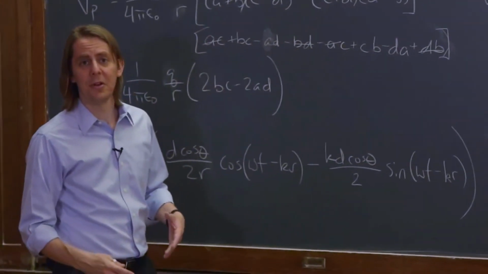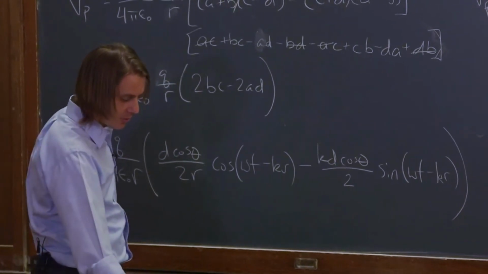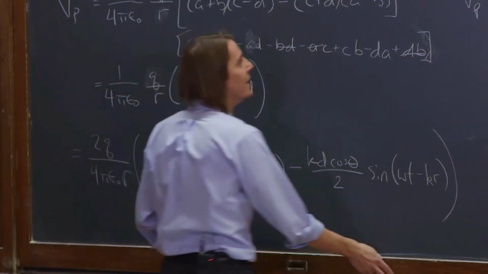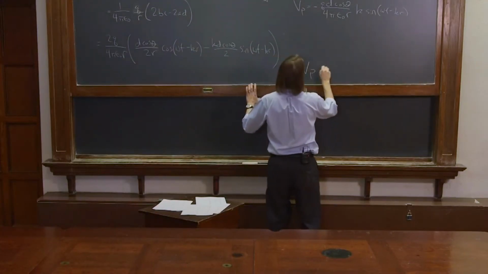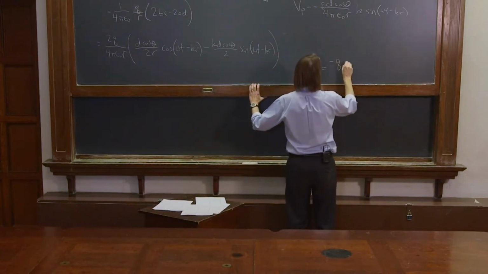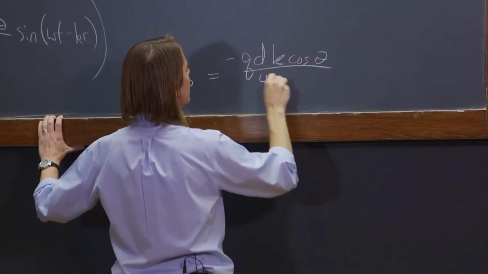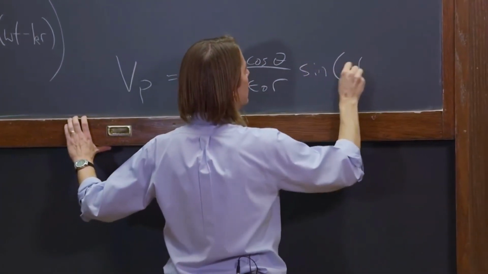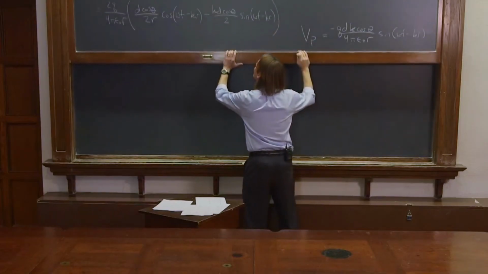It's good that everything's in there. Right? If something didn't end up in that, that could signal trouble. Okay, so we have our potential. Now, let me write it down here so I'll be able to see it. Vp equals minus q d k cosine theta over 4 pi epsilon naught r sine omega t minus kr. Okay, just in case I want to peek up at it, I'll write it down there.